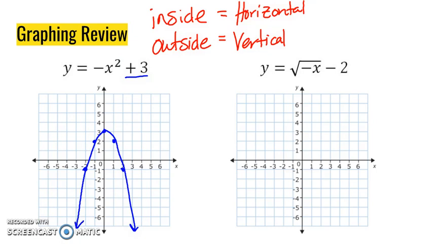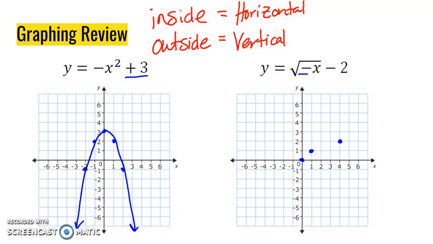Next, we've got our parent function. This parent function is a square root, so square root of x. Remember, that is the one that has the points (0, 0), (1, 1), and (4, 2). Kind of looks like that. So that's our parent function. Now I'm looking at the shifts involved with it. Where is that negative at?